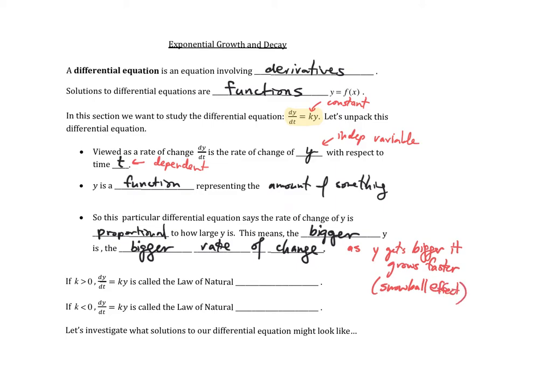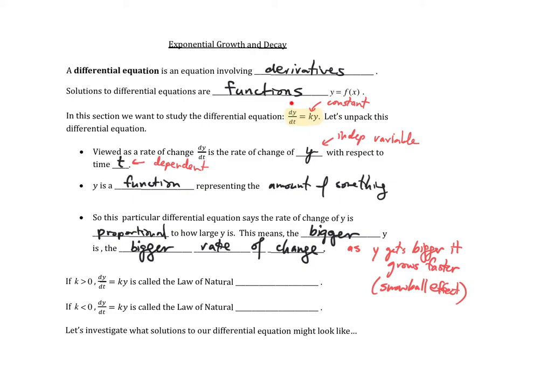Right? You can imagine a snowball rolling down a hill, and at first it starts off kind of small, but then, the bigger the snowball gets, the faster it rolls down the hill, and it keeps getting bigger and bigger and bigger, exponentially large. So if we look more specifically at our differential equation again, what do we notice?